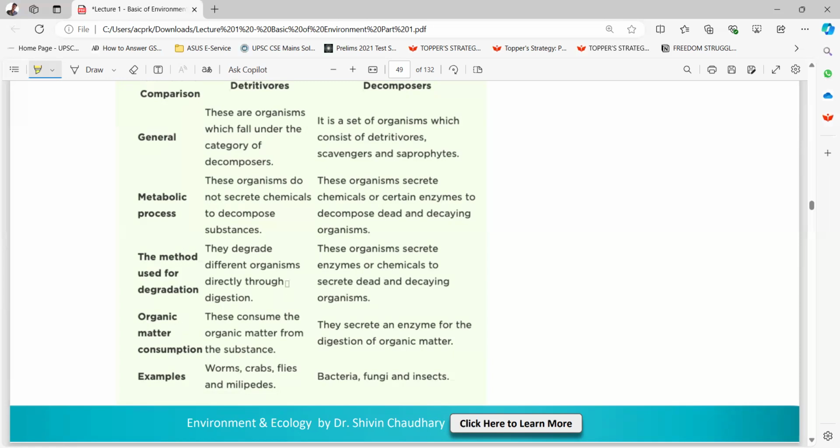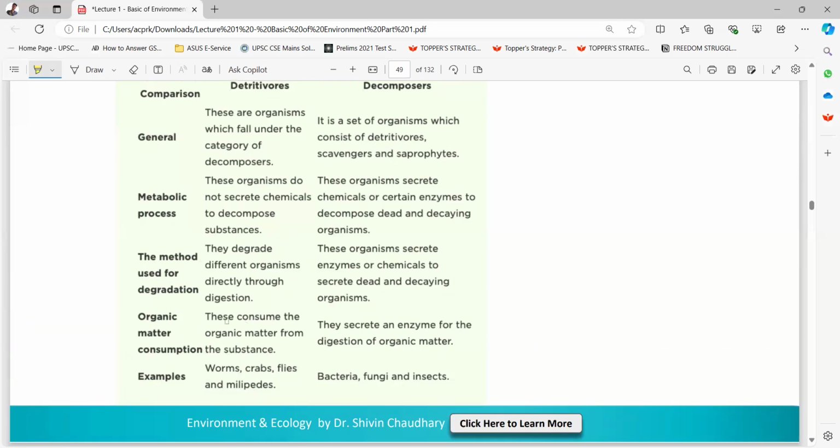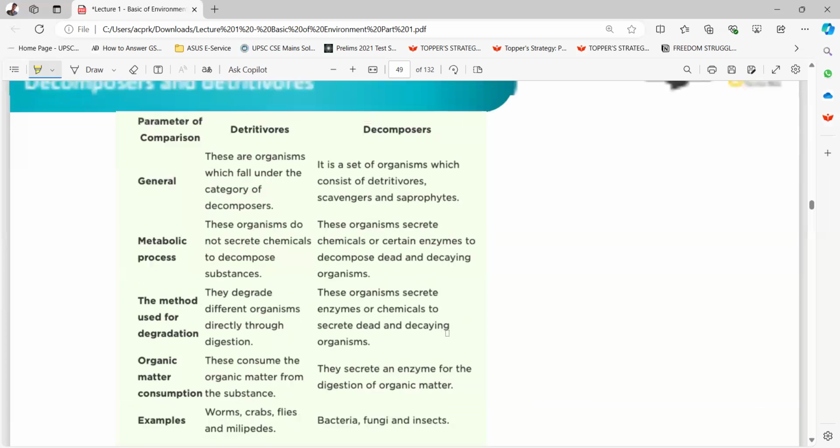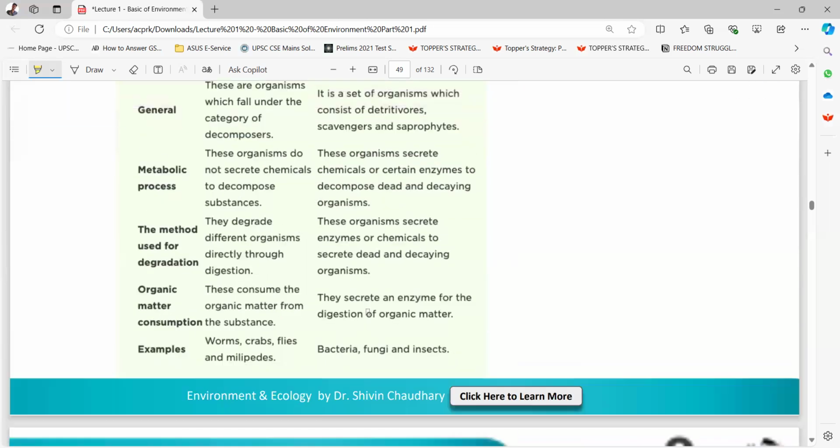Organic matter consumption. Detritivores consume the organic matter from the substance. Decomposers secrete an enzyme for the digestion of organic matter. Detritivore examples: worms, crabs, flies, and millipedes.